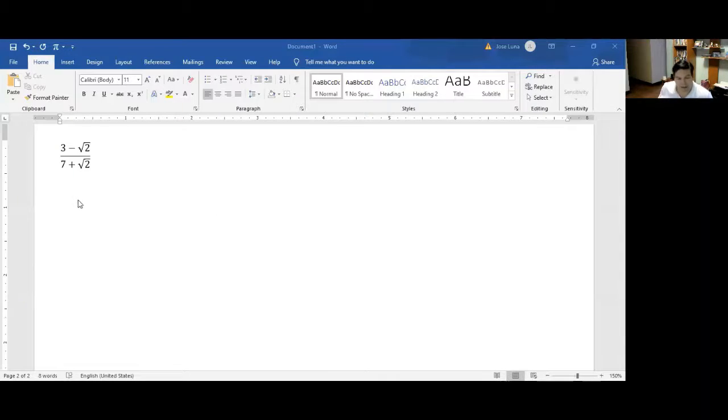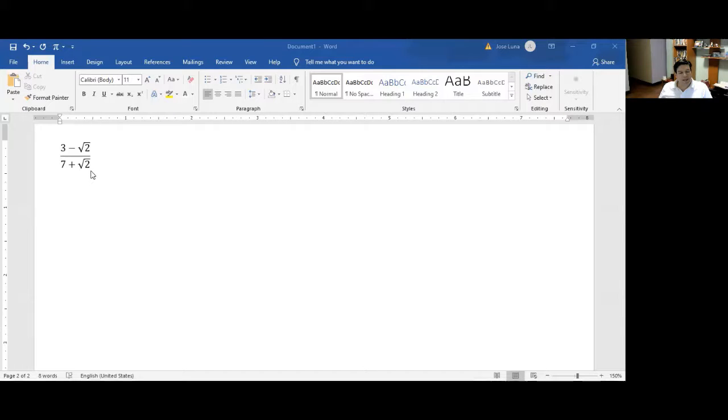So I'm going to show you another example of dividing radical expressions, or simplifying an expression with radicals. So let's say now we have this expression which obviously has radicals or roots: 3 minus the square root of 2, all that over 7 plus the square root of 2.